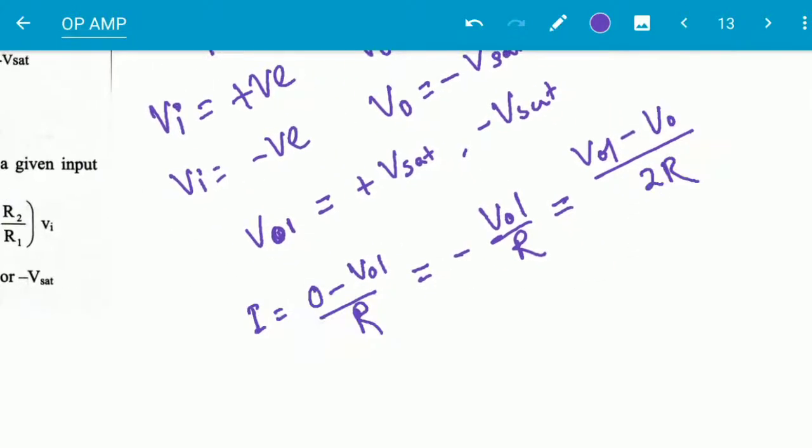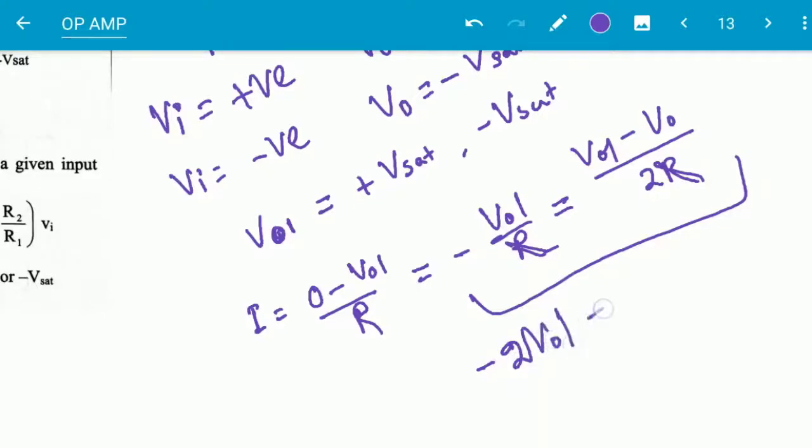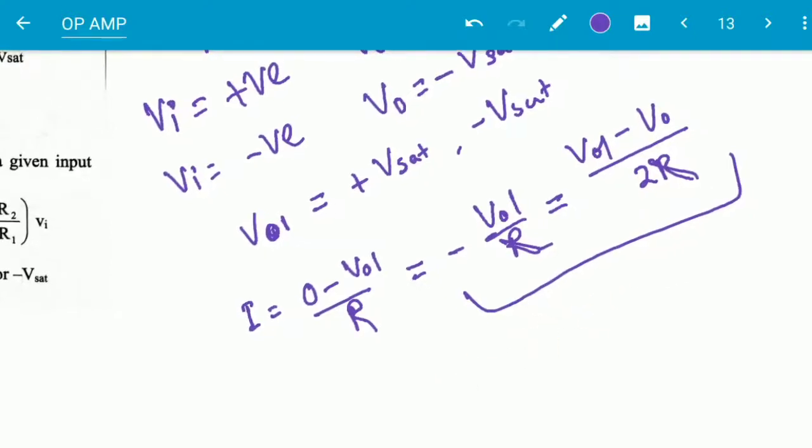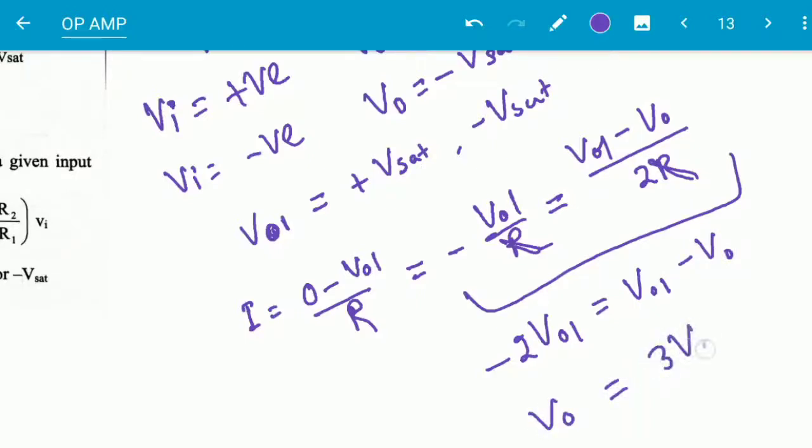If we consider this term only, R cancelled out, and minus 2 V01 will be equal to V01 minus V0, and V0 will be equal to 3 V01.